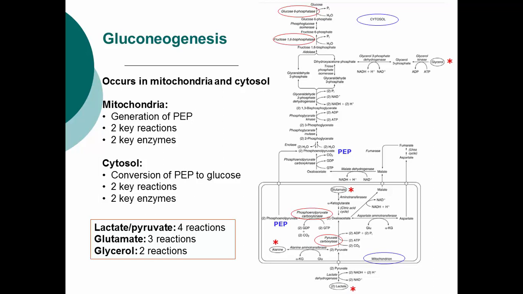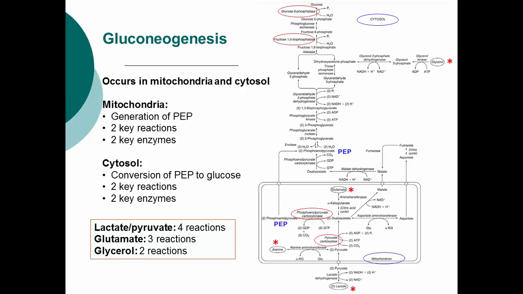If glutamate is the precursor, you only involve 3 reactions, 1 in the mitochondria and 2 in the cytosol, right? And glycerol, again, happens in the cytosol, so it only goes through the last 2 reactions, right? So the pathway is shorter compared to the other precursors, right? Is that clear?